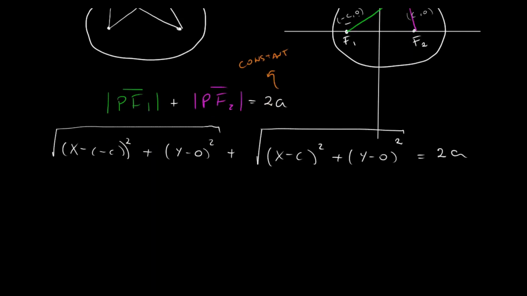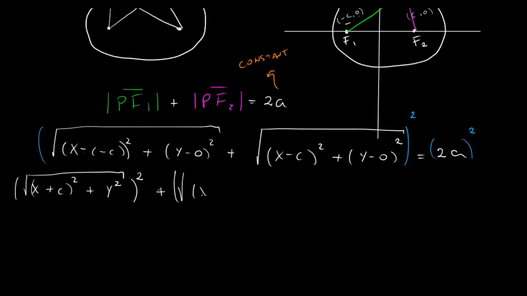Now what we're going to do is square both sides. The first square is the square of the first term, that is the square root of (x plus c) squared plus y squared, all this squared, plus the square root of the second term, (x minus c) squared plus y squared, squared, plus 2 times the multiplication of both terms.